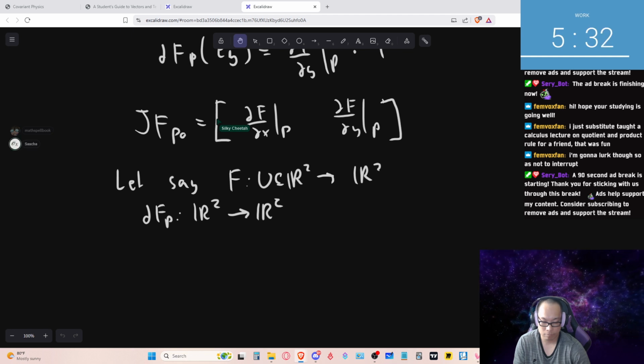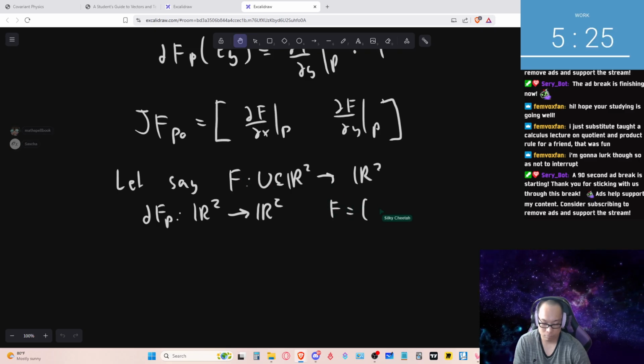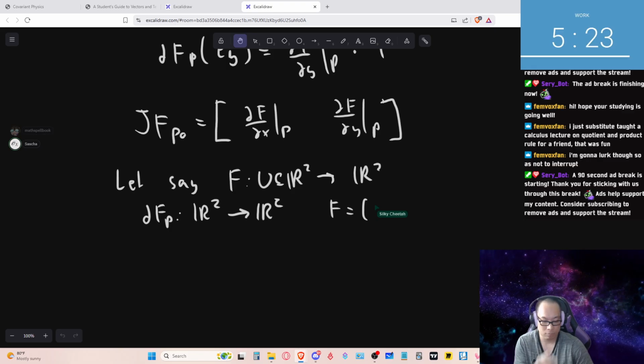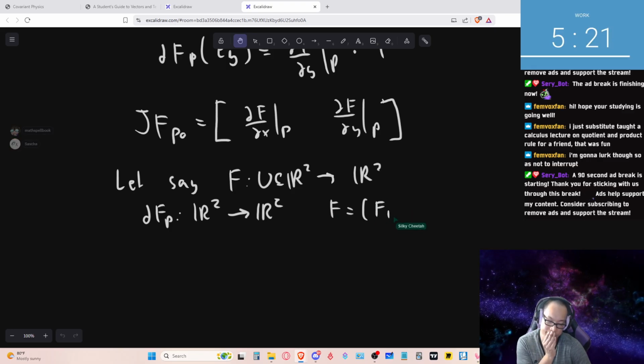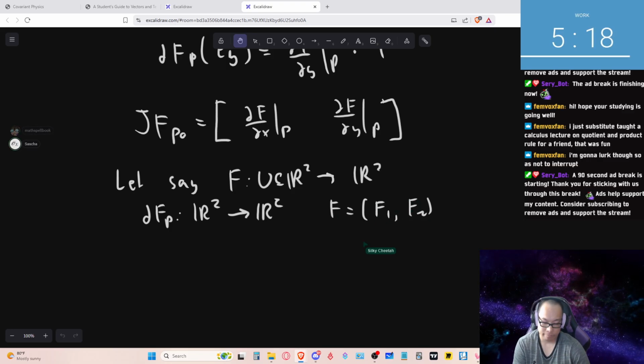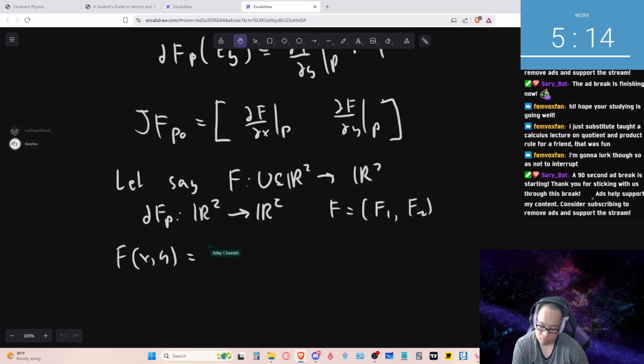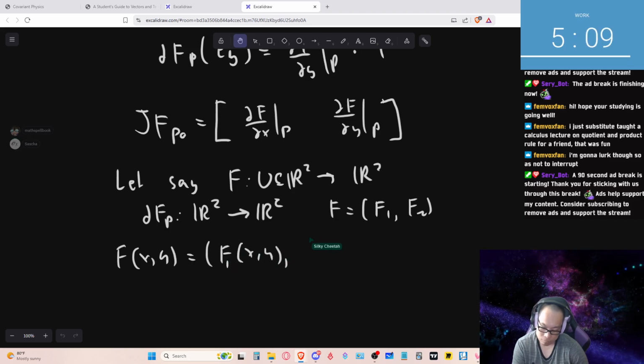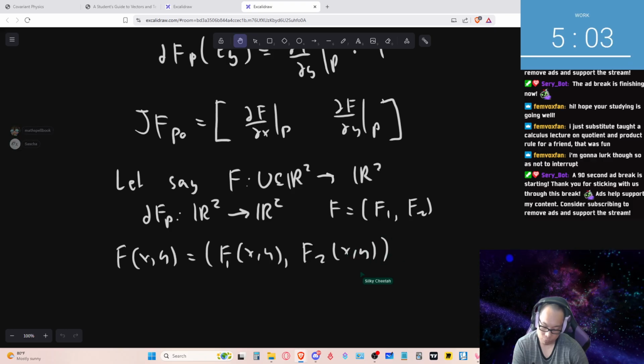First of all, you can see F as two functions that take values in R. I don't know if you have ever seen that, but I can write it down: f1 of x, y and f2 of x, y. Is that like the function within its own vector space?